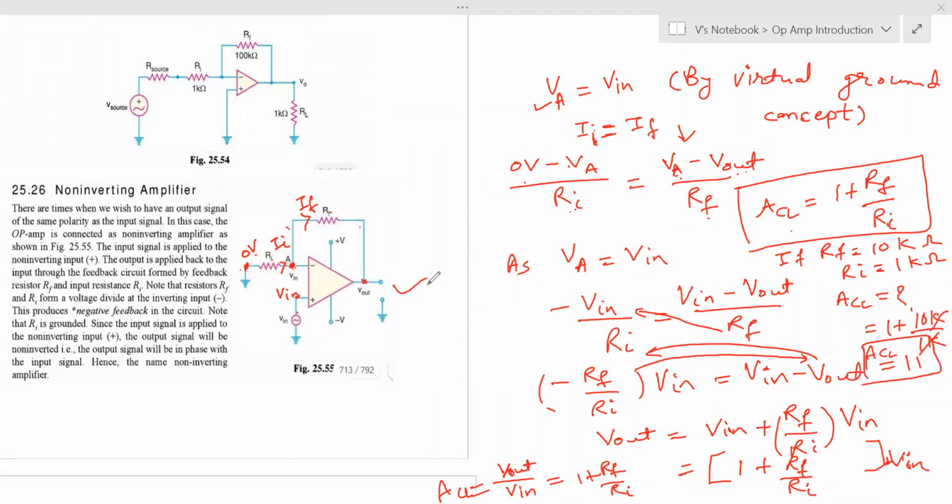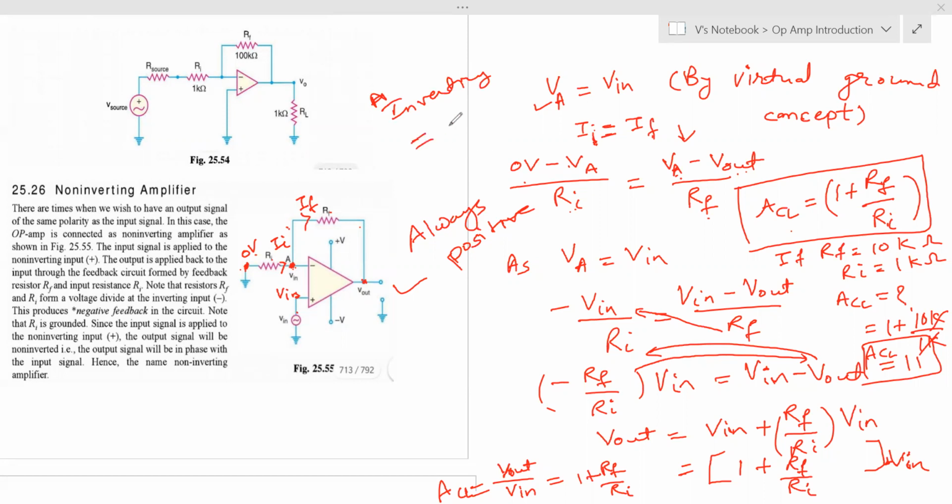The gain of this non-inverting amplifier is 11. Okay, and there is no sign change here because there is no negative term. Gain is positive only, right? And Rf and Ri will never be negative, right? So the gain of a non-inverting amplifier is always positive, whereas for the inverting amplifier, what was the equation?